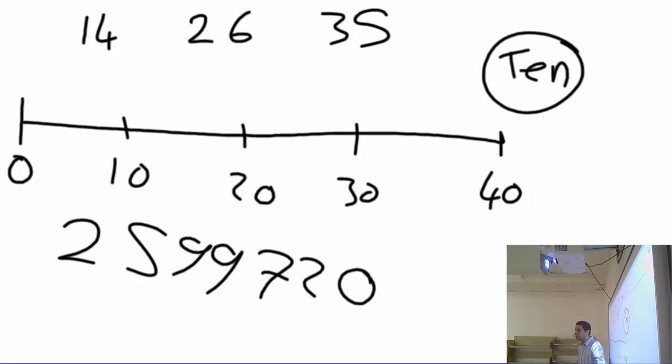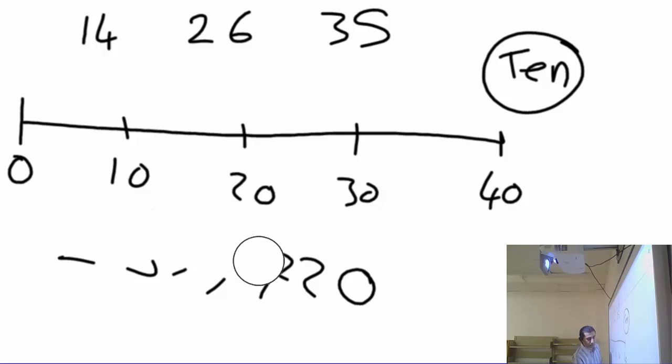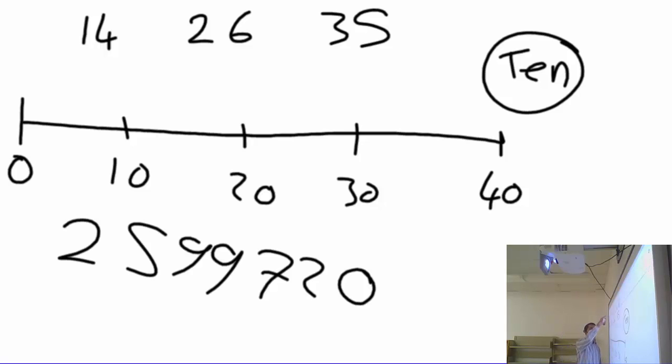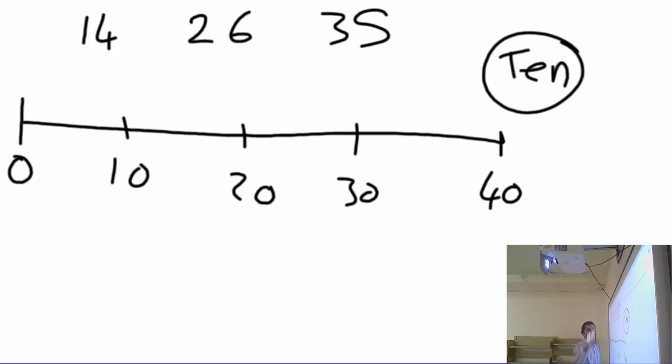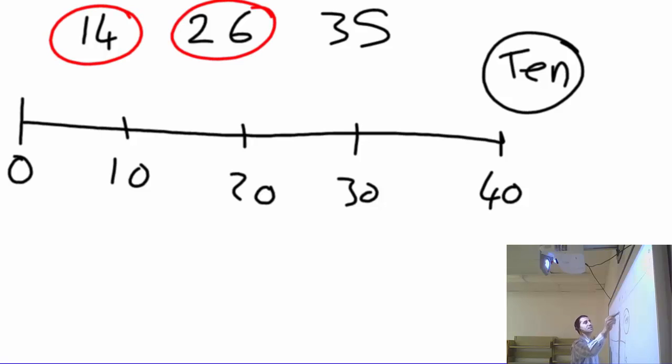It has 10 at the end, and if we ignore all those numbers, you'll see 20 is standing in front of it. So it's a 10 number. Anyway, let's round those three numbers, 14, 26, and 35, to the nearest 10.